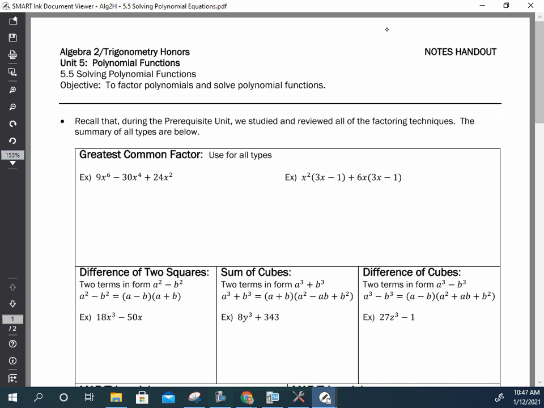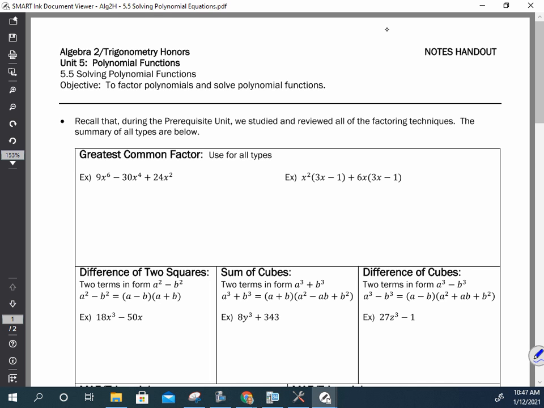So section 5.5. Now we're going to get into how we solve a polynomial function. How do we go about solving a polynomial function? So way back when we started the school year, one of the sections that we spent a couple of days on was going through all the different types of factoring.